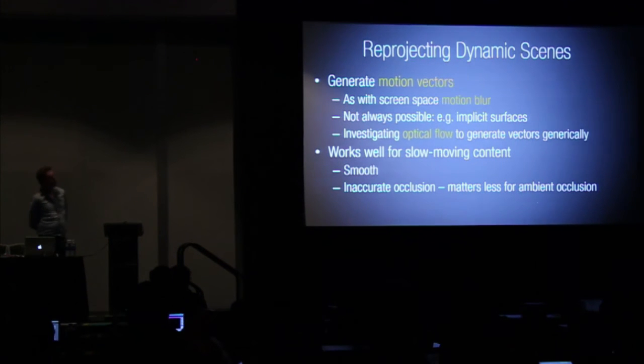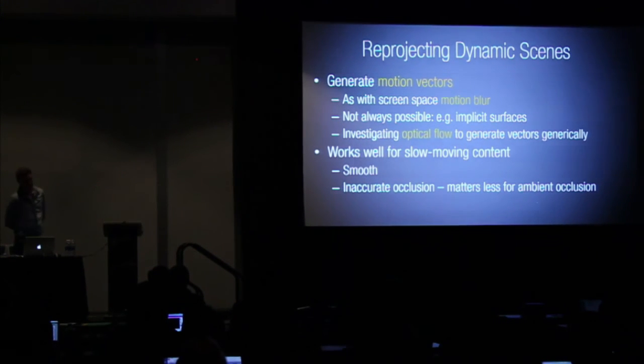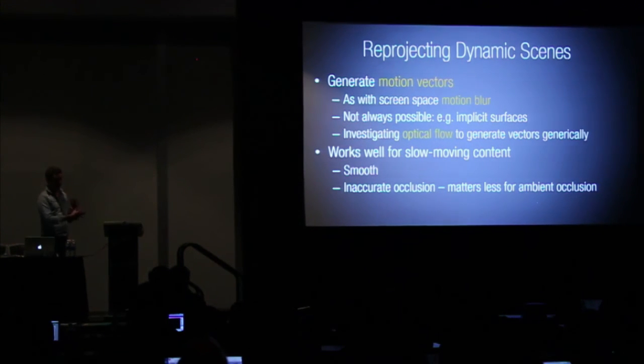I'm trying to investigate ways of generating motion vectors for everything, but ultimately it's something that does work for slow-moving content. Another issue is that when content moves fast, it's more likely to get obscured and occluded in different ways, which means I'm less likely to have a previous frame's correct value for it, so I get more and more errors.